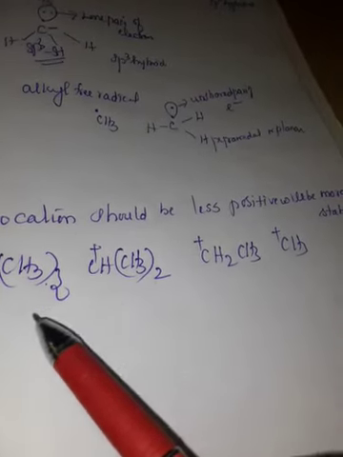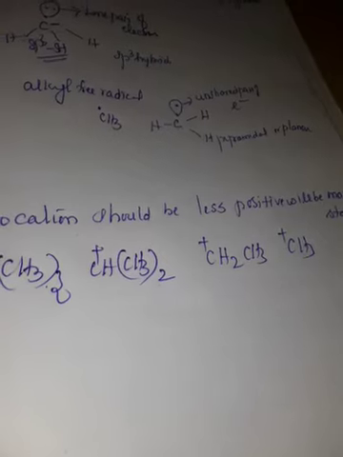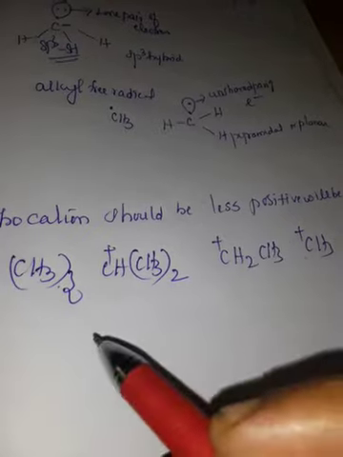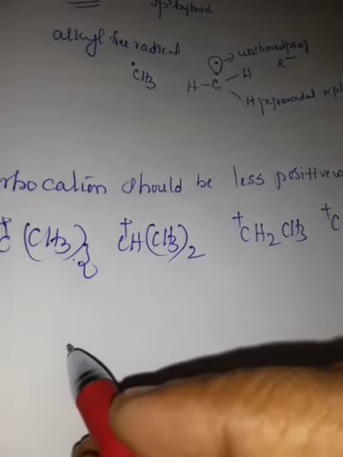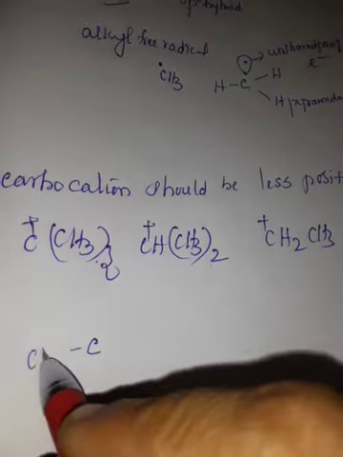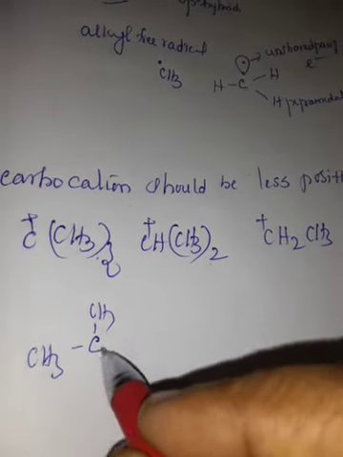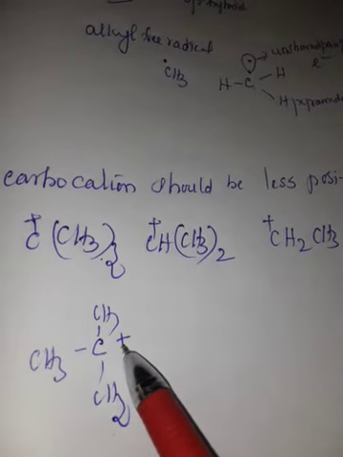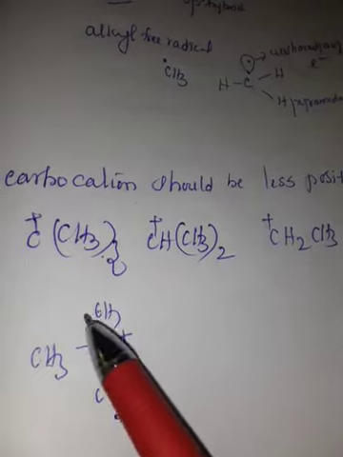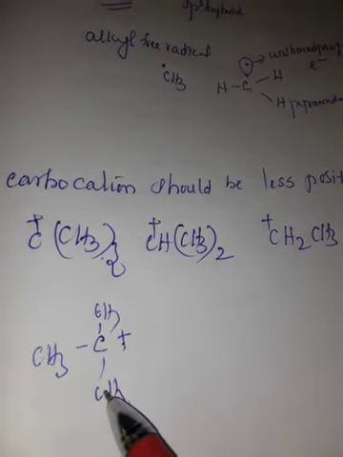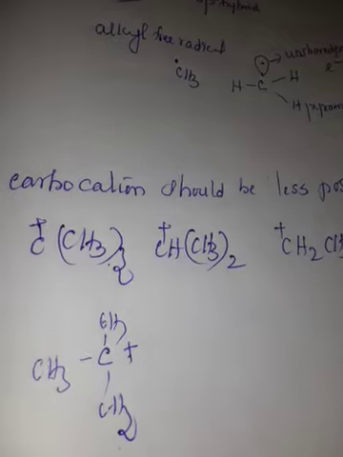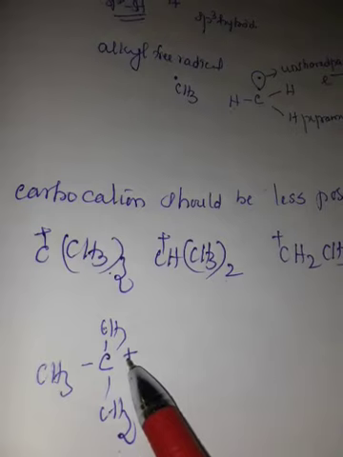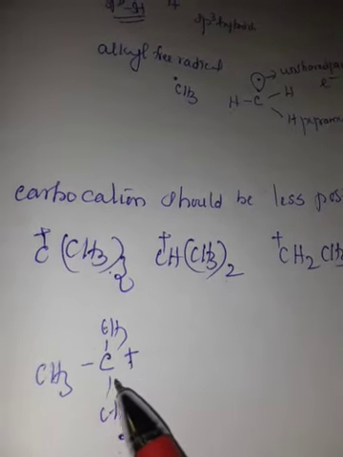Here is one rule: the carbocation which has less positive charge will be more stabilized. So see this one, this is positive charge, with methyl groups. If they are donating electrons, the positive charge becomes less.